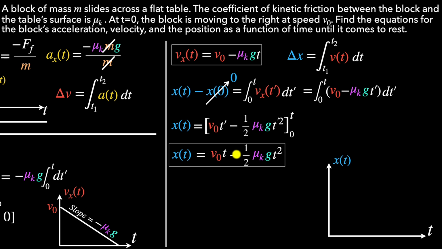Well, there's a t squared over here, so this is a quadratic equation. When you plot a quadratic equation, you get a parabola. So we get a parabola. So there you have it. We start with the free body diagram, calculate the net force, equate it to the acceleration using Newton's second law. From acceleration, we calculate velocity, and from velocity, we calculate position.